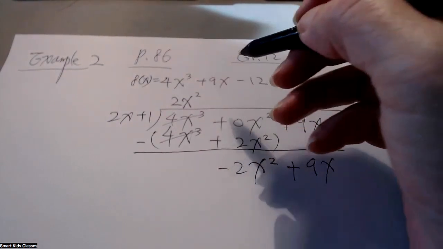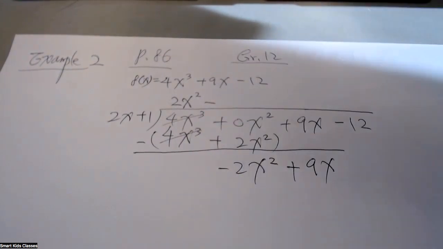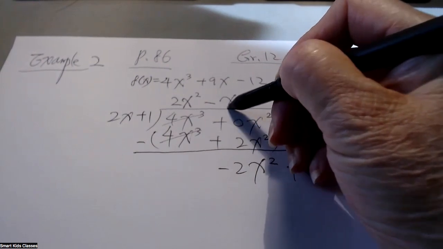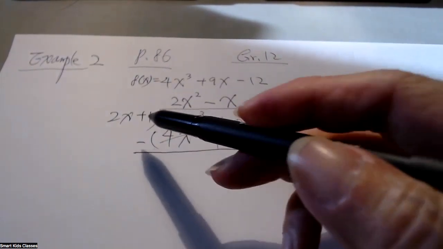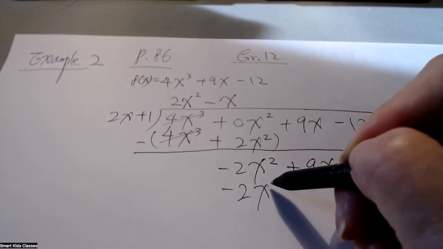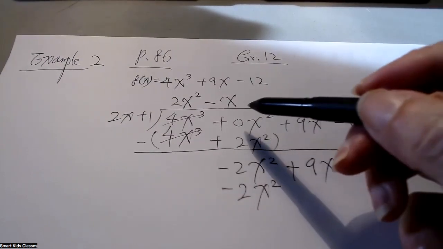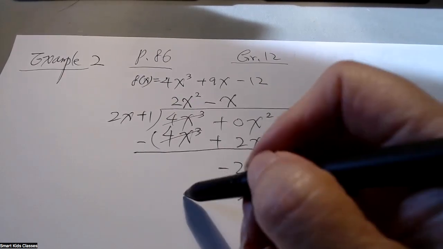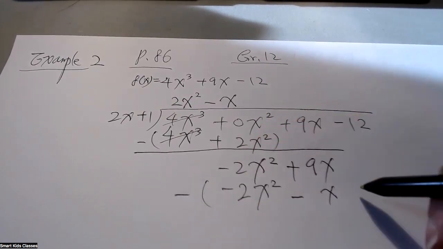It will be negative, so we multiply by negative 2 and put the x here. Negative x times 2x, we get negative 2x squared. And negative x times positive 1, we get negative x. And from here, we subtract.